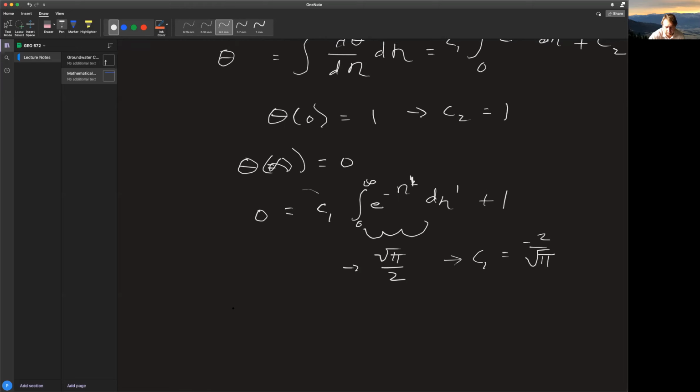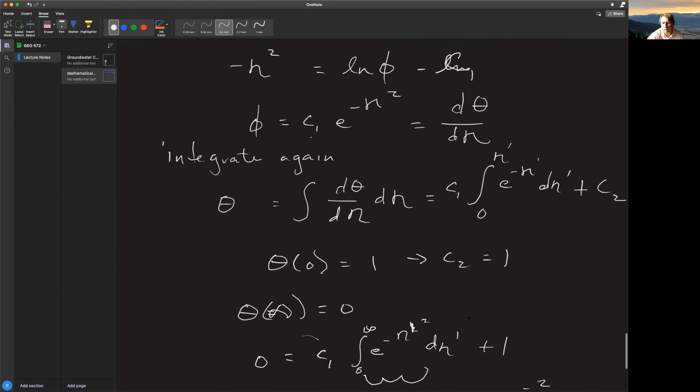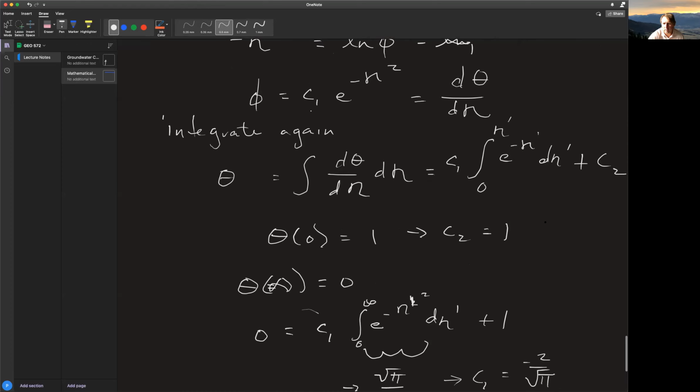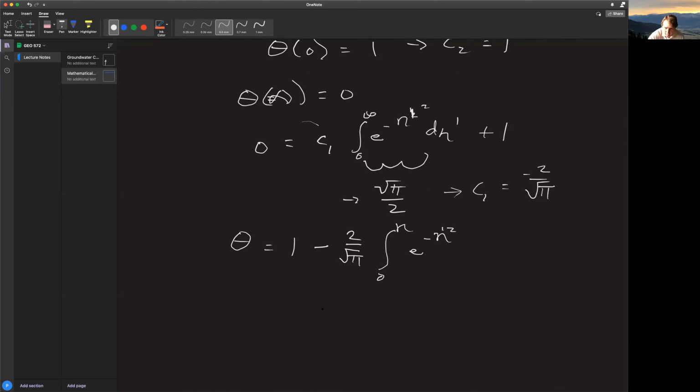So finally, we get this: theta is equal to 1 minus 2 over square root pi, the integral from 0 to eta of e to the minus eta squared d eta prime.